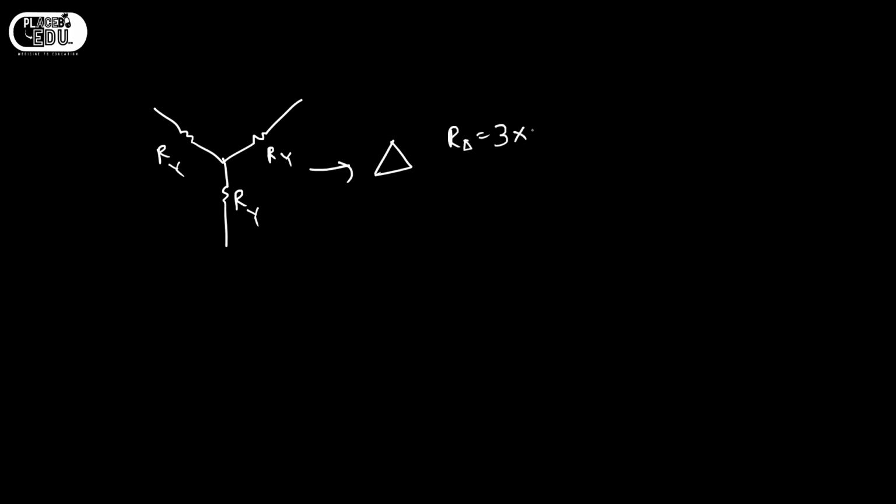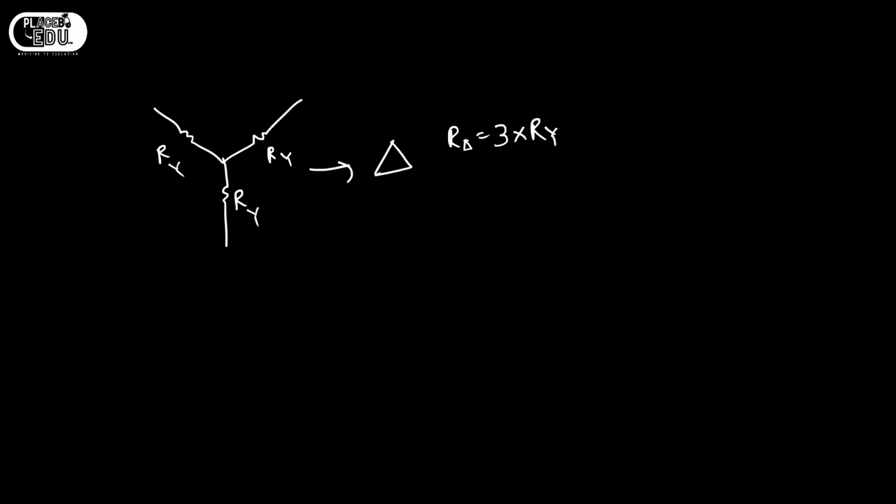So the important conclusion you have to remember here is, whenever there is a star with R as resistor converting into delta, let it be R star, then the resistors in delta, that is R delta, will be 3 times R star.